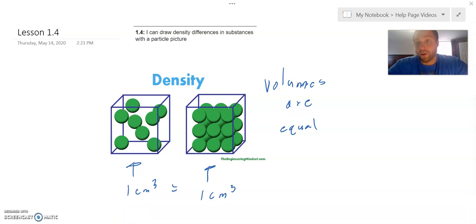So now we can turn our attention to the contents of these equal volume boxes. As we see, they're filled with particles, okay? Particles are the stuff or the mass that things are filled with. We know that, again, the volumes are equal, but because the one on the right has more particles, its density is going to be greater, okay?